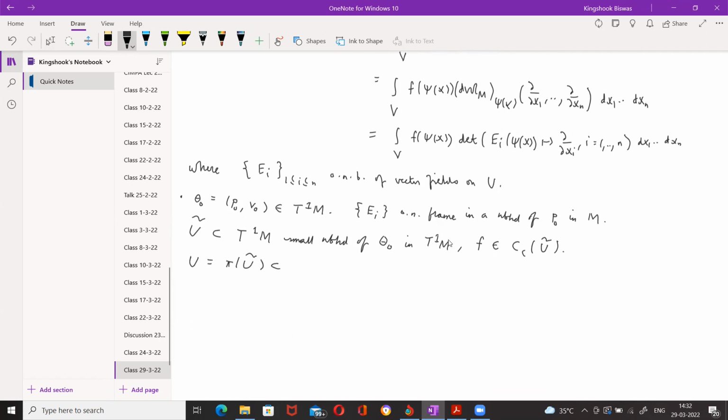So this is contained in N. This is a neighborhood of p0 in N. And I take phi equal to (x1, ..., xn) from U in M to V in R^n, a chart, okay, on U.